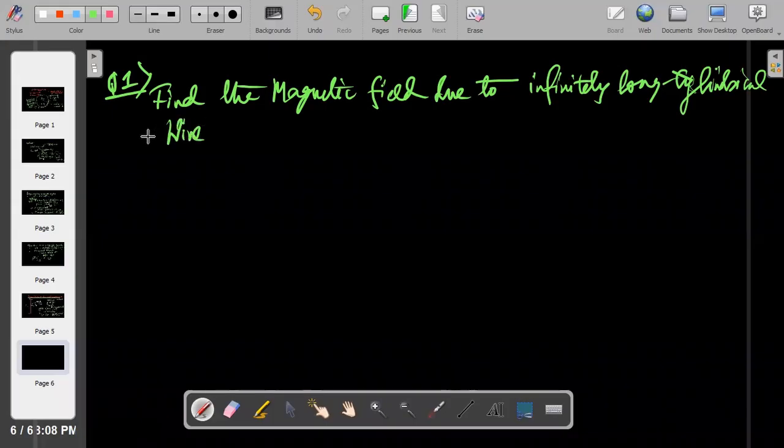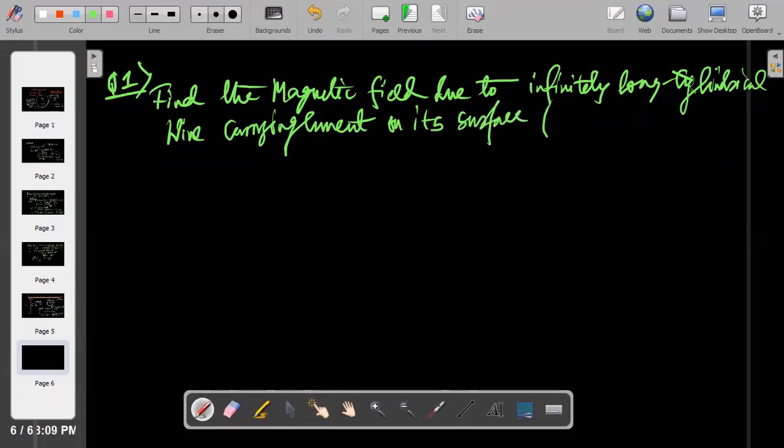It's like a cylindrical wire carrying current. It is carrying some current on its surface, right? And the field is to be found inside and outside the wire.